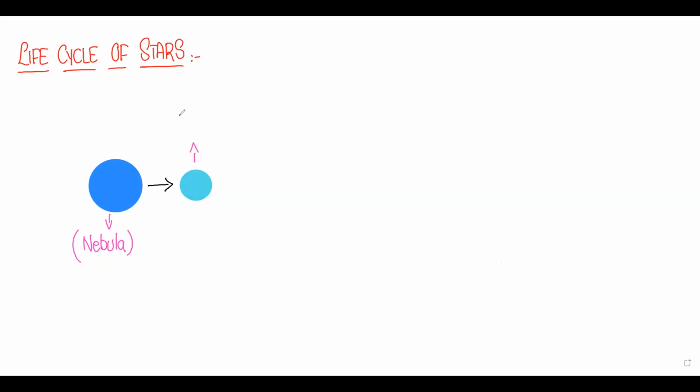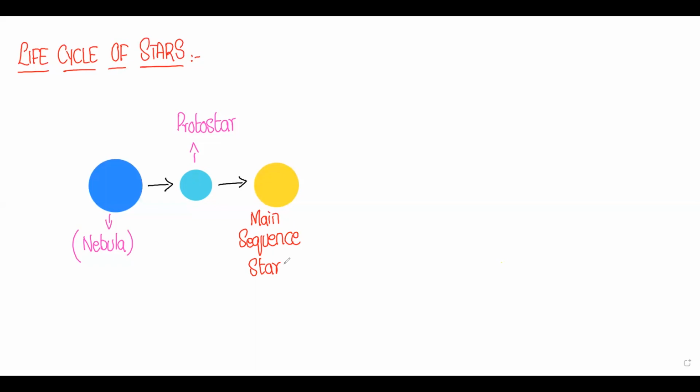So the nebula will convert into a protostar, and then it will further convert into the next type, which is known as the main sequence star. This life cycle applies to all types of stars, even to the sun.